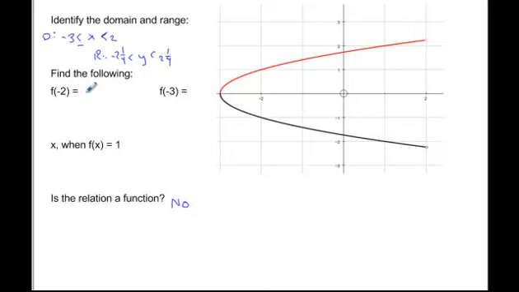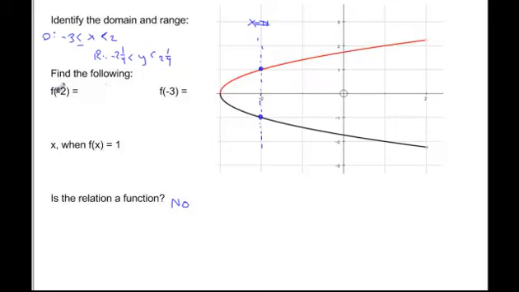Find f of negative 2, function notation. So this is an x value, negative 2. If you draw the line x equals negative 2, and you have to remember that x equals some number is a vertical line, then you see that it hits in two spots.